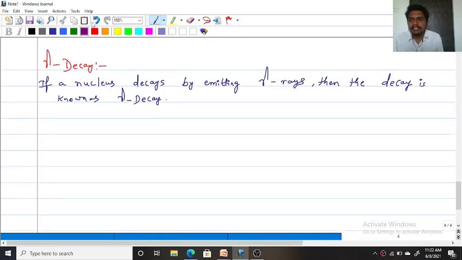The next and the last decay is gamma decay. If a nucleus disintegrates by emitting gamma rays, then the decay is known as gamma decay.